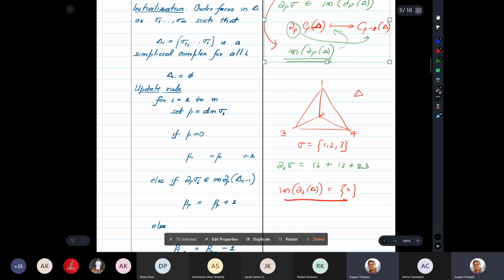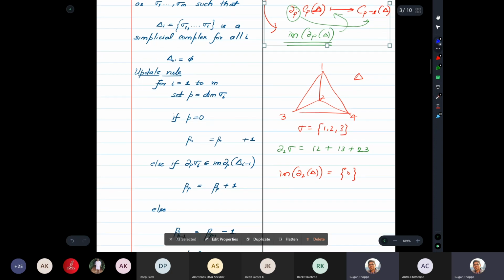So you can see that this does not lie over here, and consequently when I add this triangle to this simplicial complex, my first Betti number will reduce by 1. Is this okay?